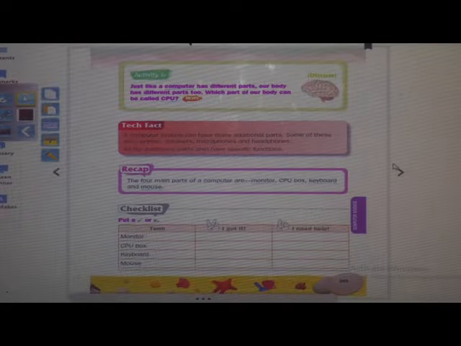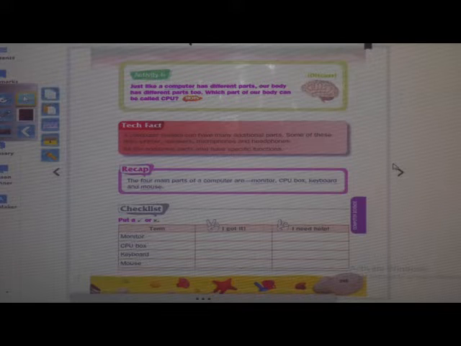Okay, so there is one thing: a computer system can have many additional parts. Leaving these main 4 parts, there are additional parts. Which are those? Those are printer, speaker, microphones and headphones. But these main 4 parts, that is monitor, keyboard, CPU and mouse, are the main 4 parts.